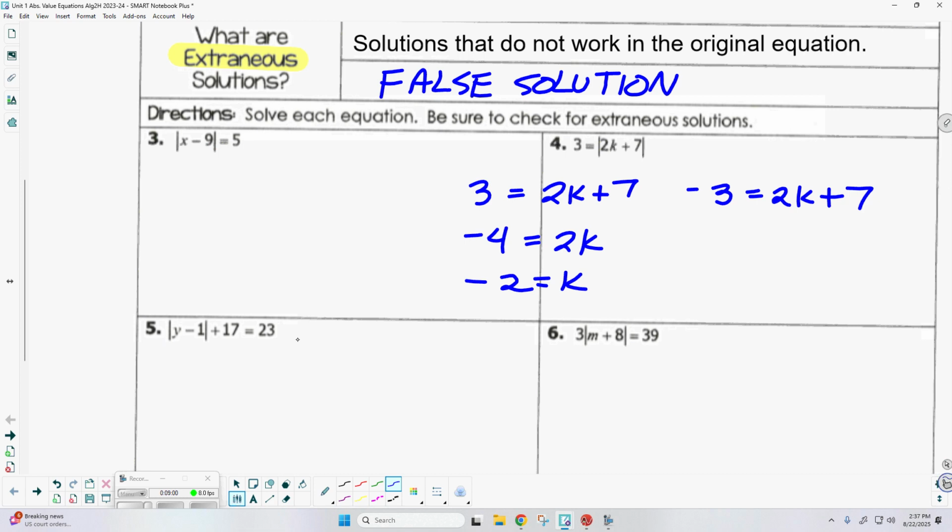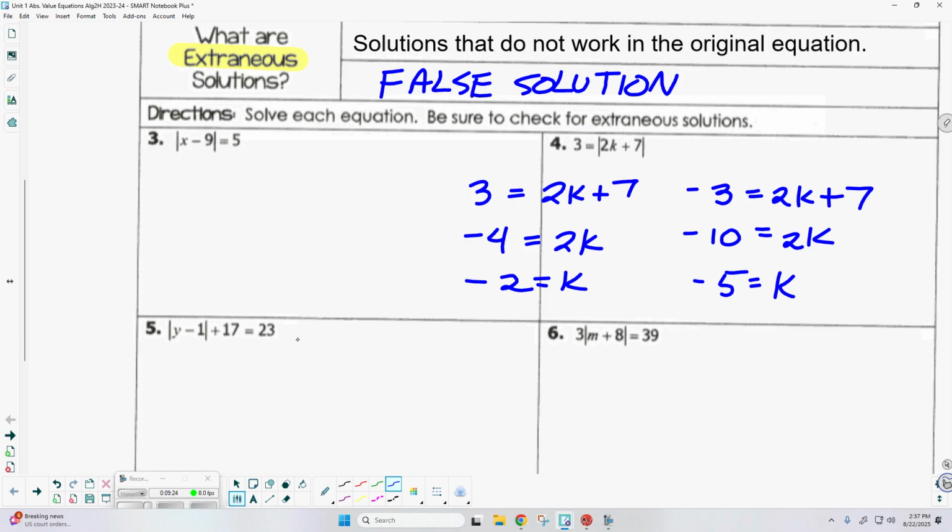But this time when I subtract 7, negative 3 minus 7 is a negative 10. Equals 2k. So what's k? Divided by 2, k is negative 5. And you'll notice I'm not showing the movement of these terms. Okay. If anybody would like me to go back and start doing that, please let me know. That is not an issue.